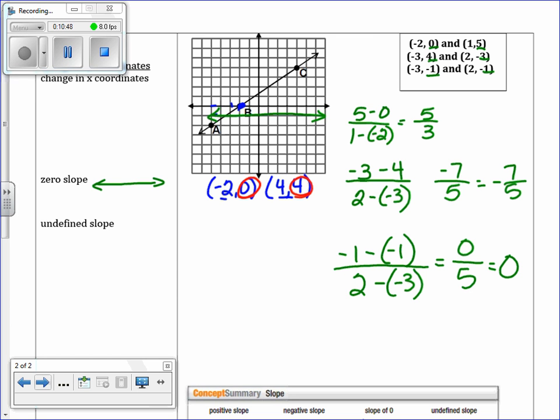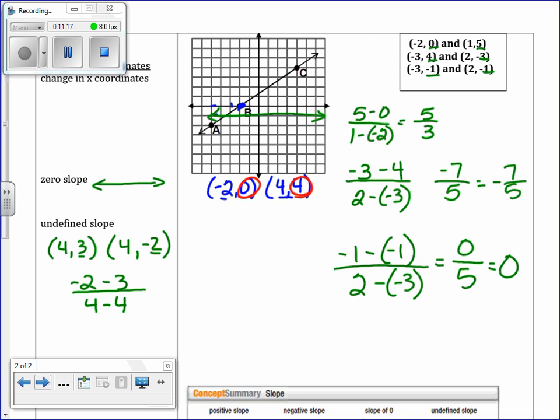And then sometimes there's an undefined slope. For instance, if I had something that was 4, 3, and 4, negative 2. Okay, so if I go ahead and determine the slope, I say negative 2, underline my y's, minus 3, and 4 minus 4.